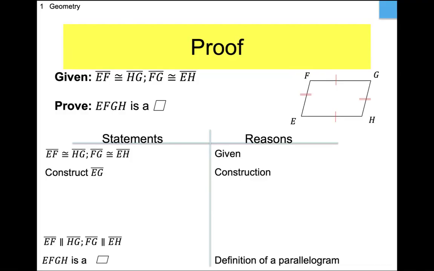So I'm going to construct EG, an auxiliary line EG. And notice immediately, hopefully you see this, we have reflexive properties, so those two triangles are in fact congruent. All right, so if those two triangles are congruent, by SSS, notice I also labeled angles 1, 2, 3, and 4.